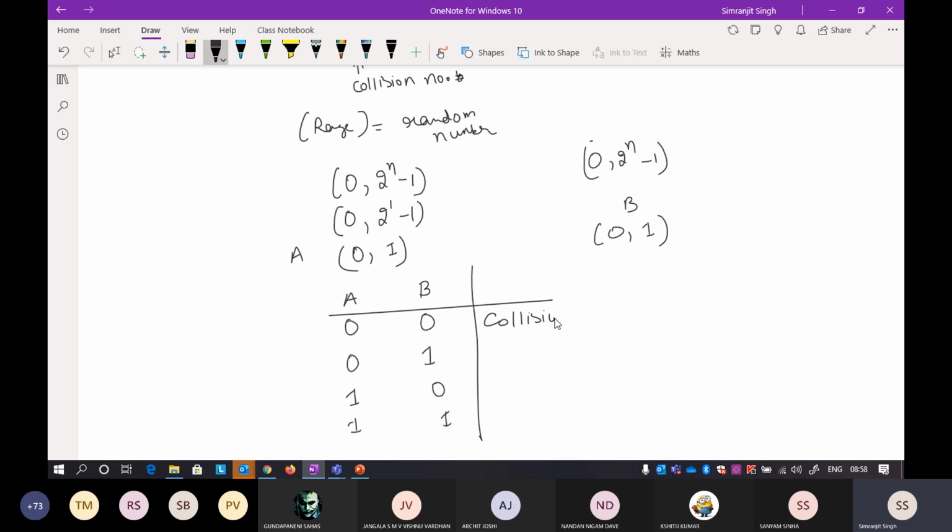If both wait for 1 unit time and send the data again at the same time, there will also be a collision. So in both cases there will be a collision.